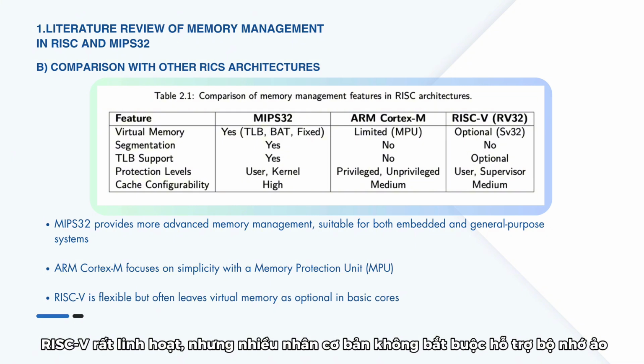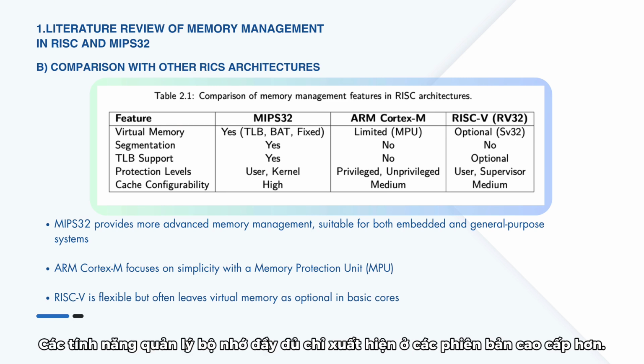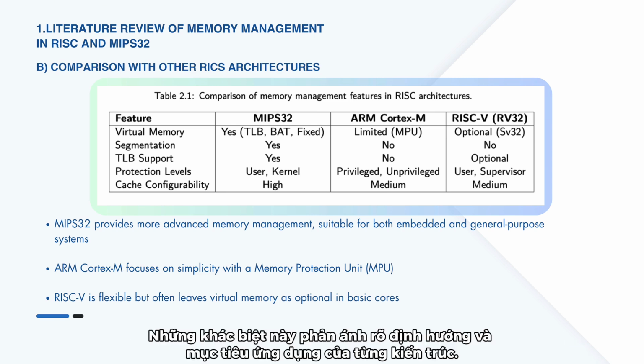RISC-V is highly flexible, but many basic cores make virtual memory optional. Full memory management features are only found in more advanced implementations. These differences reflect each architecture's priorities and target applications.